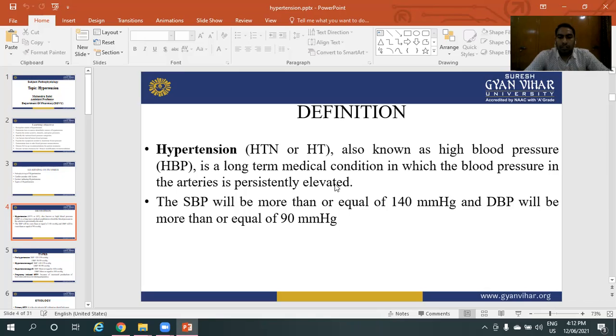A systolic pressure above 140 mmHg and a diastolic pressure above 90 mmHg is known as hypertension.